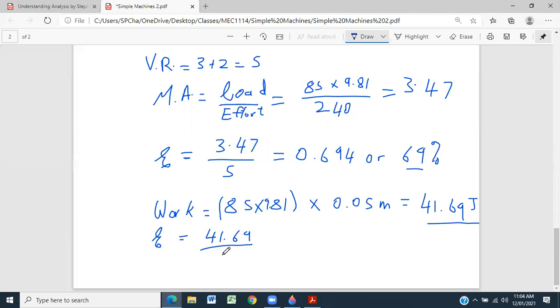Let's call this work 1, and let's call this work 2. And efficiency we know as being 69% or 0.69.